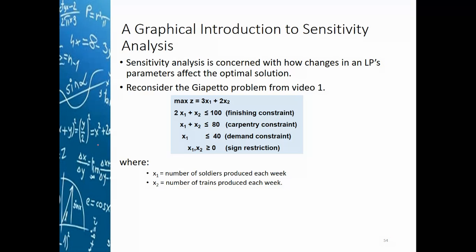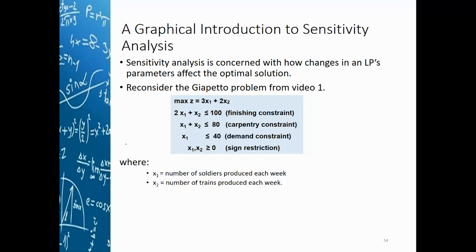All right, so just to recap our original problem from the previous video, we have the Giapetto problem. You can refer back to video one to get the real question, but more or less this is the gist of the problem.